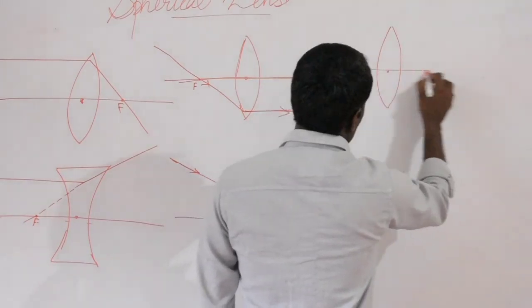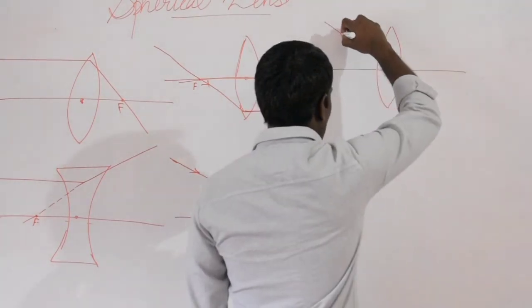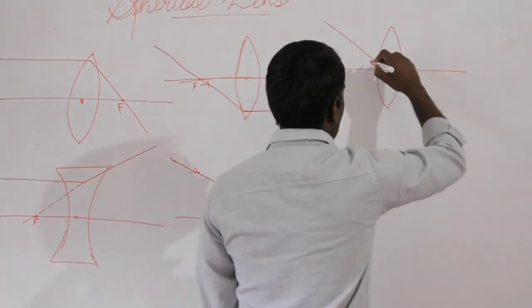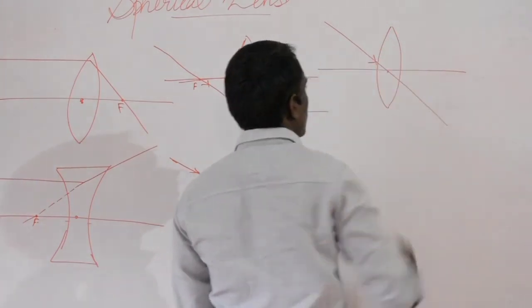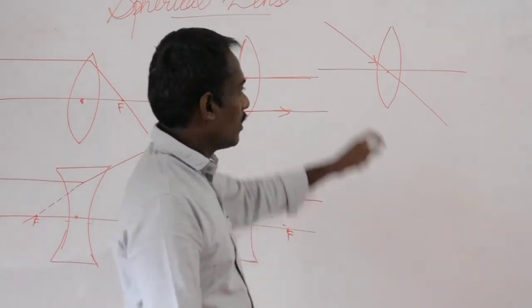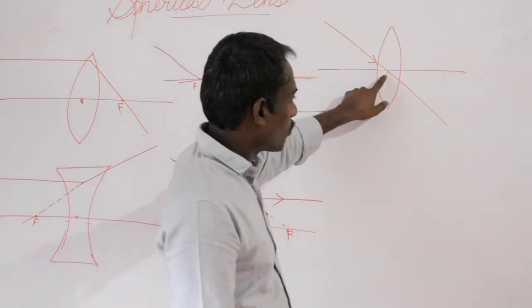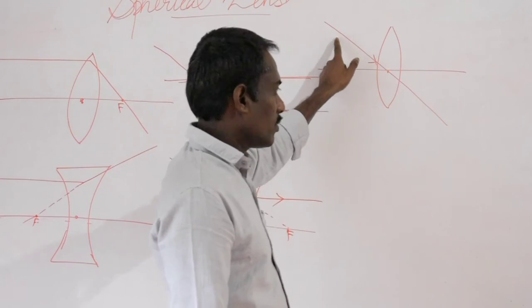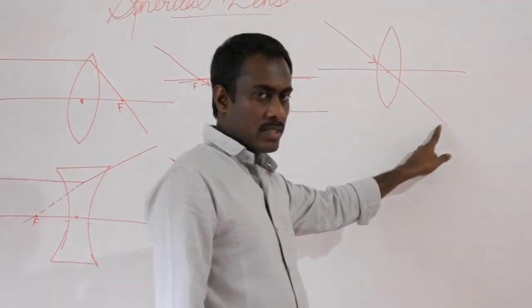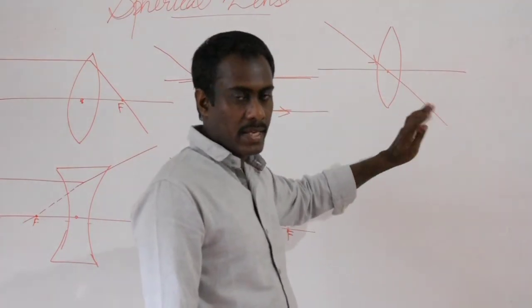a ray of light passing through the optical center of the lens.